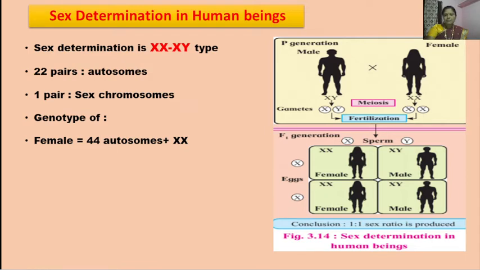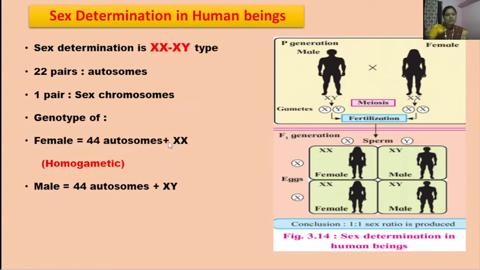Then the other one is male. Male is 44 autosomes and 1 sex chromosome pair, that is XY. In female, 44 autosomes and the XX sex chromosomes.